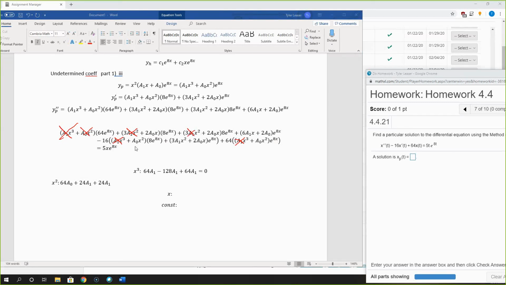No x squared terms. This has an x squared term. Another negative 16 times 8 there. So negative 128 A naught. That's that term. We have a 3A1. This term. And then over here we have a 64A naught.